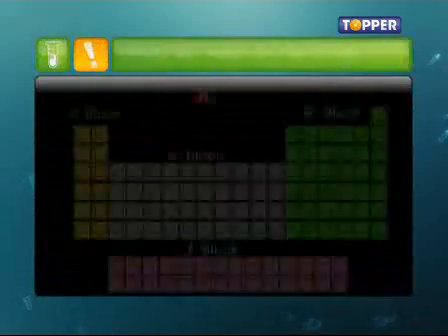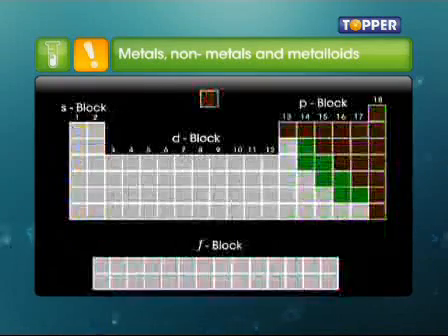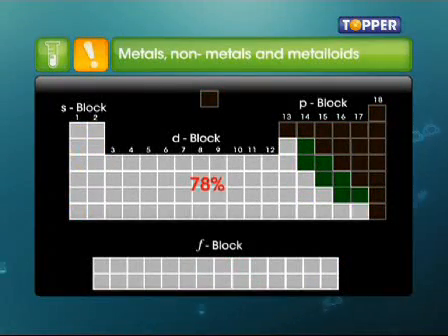If elements gain or share electrons to reach a stable configuration, then they are non-metals. As you can see, metals comprise more than 78% of all known elements on the periodic table. These include elements in the s block, d block and f block, which lose electrons to acquire an octet.